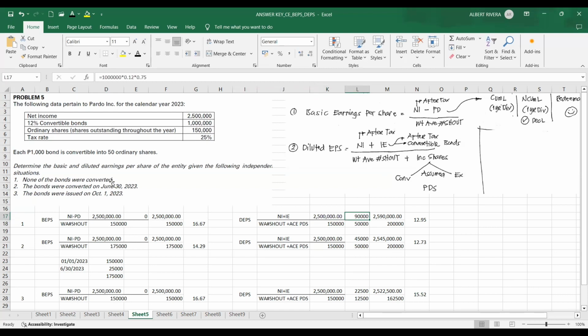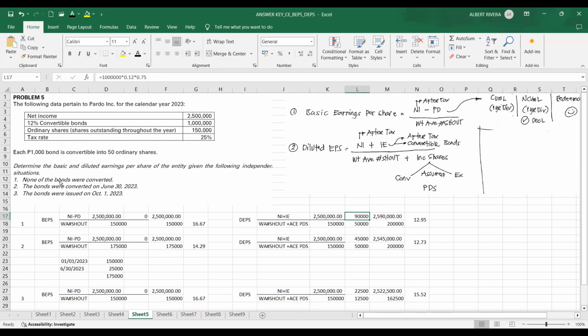So none of the bonds were converted. Okay? So meaning these bonds are existing until 2023. So this is just 1 million times 12% times the 75% to exclude the effect of the tax rate. So that is 90,000. Again, this is 1 million times 12% times 0.75.